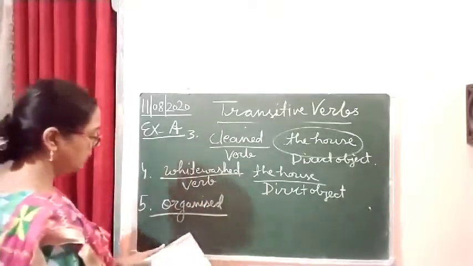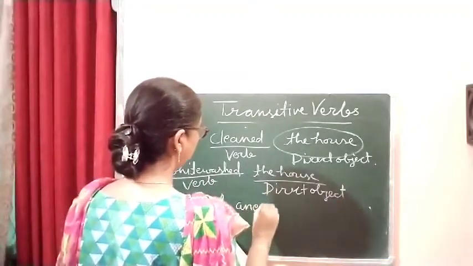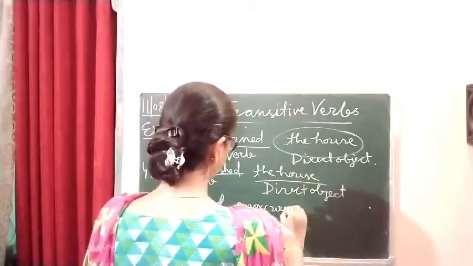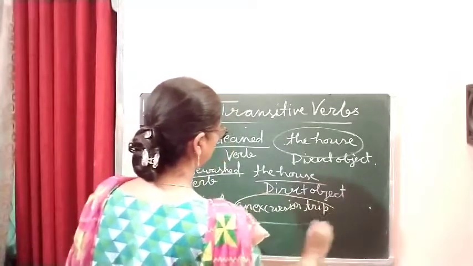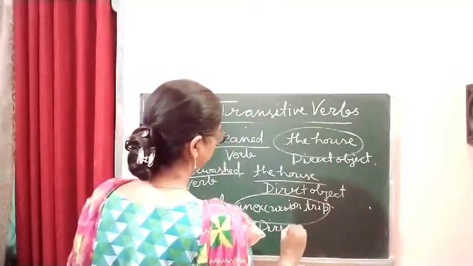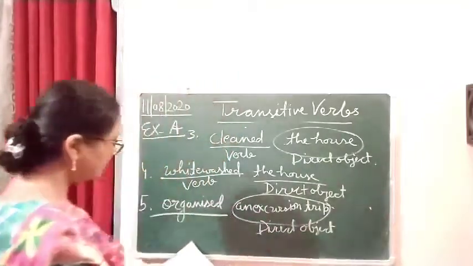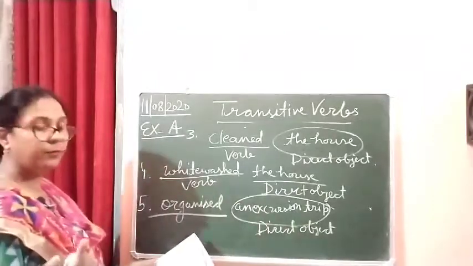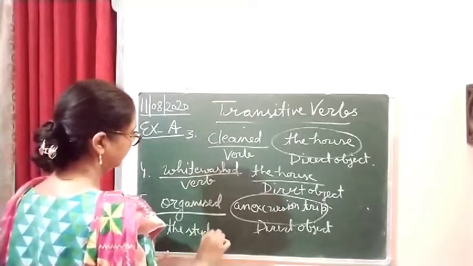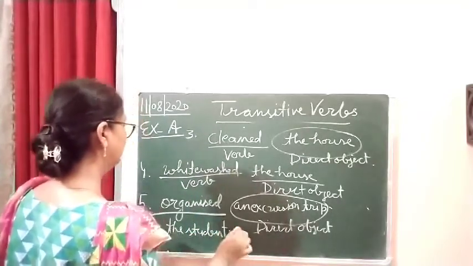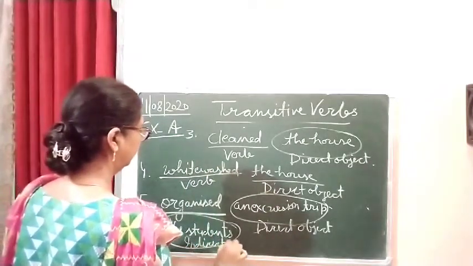Next is an excursion trip; this is the direct object. And next is for the students, the students; this is the indirect object.